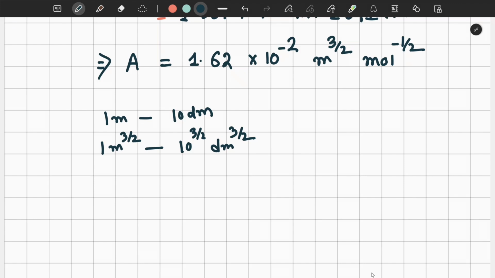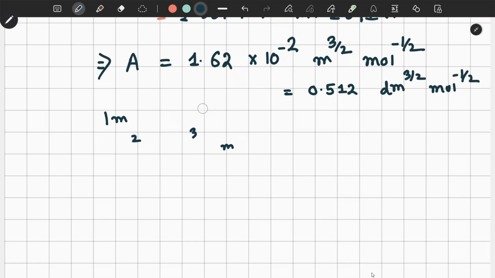I have converted, but I am getting 0.512 instead of 0.509. Okay, that is understandable. 0.512. That's all. 0.509 is the experimental value. Why is there this error?